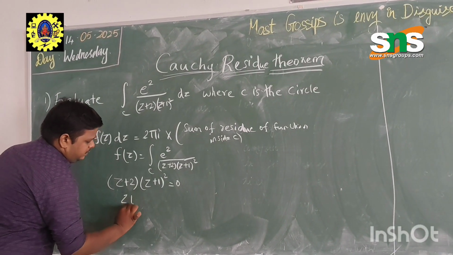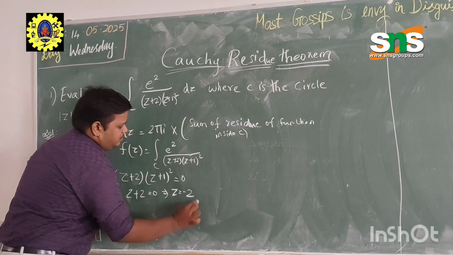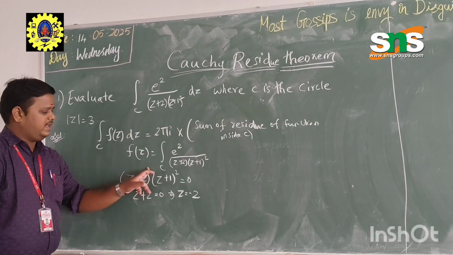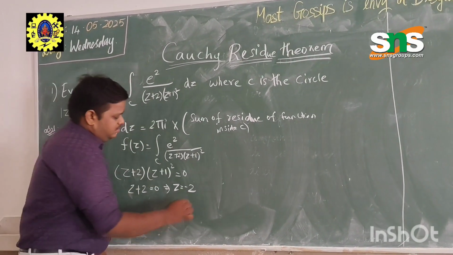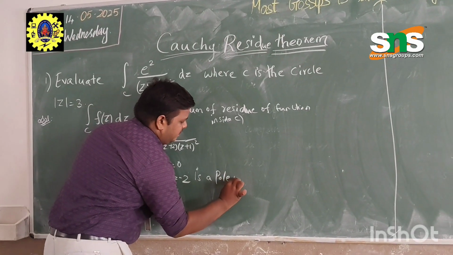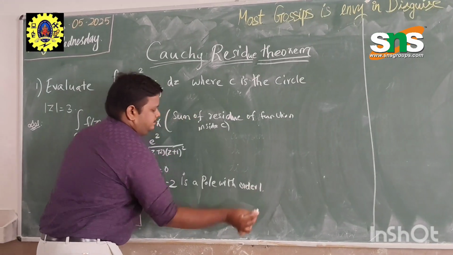First I am taking z plus 2 is equal to 0, then I get z is equal to minus 2. The power of the factor is 1, so z is equal to minus 2 is a pole of this function with order 1.